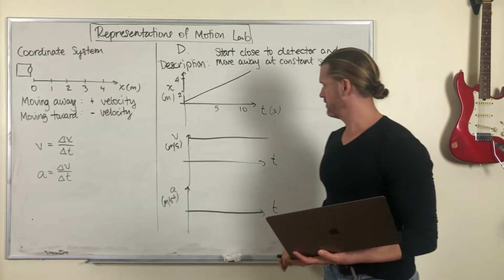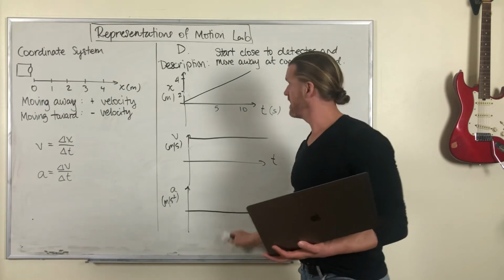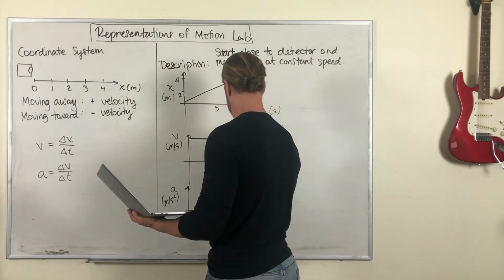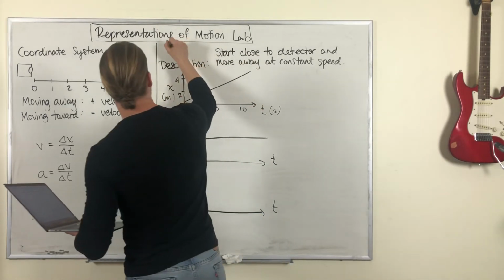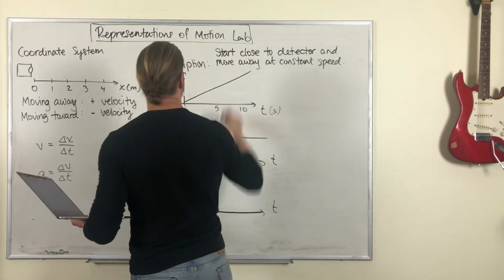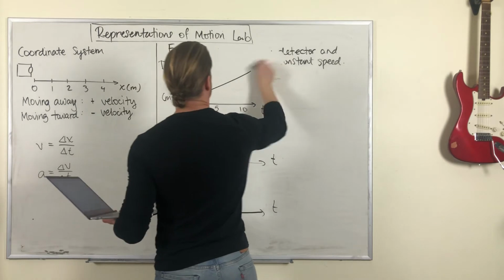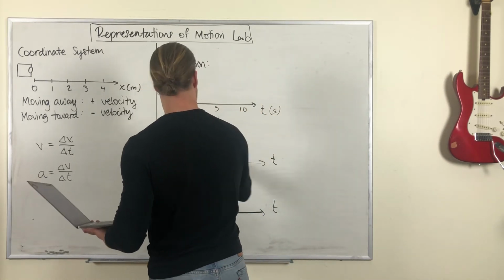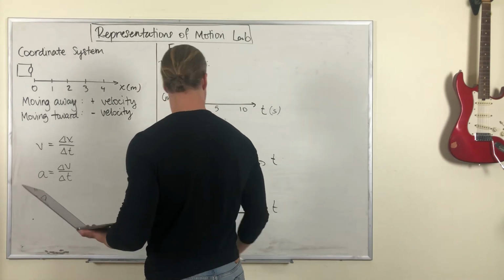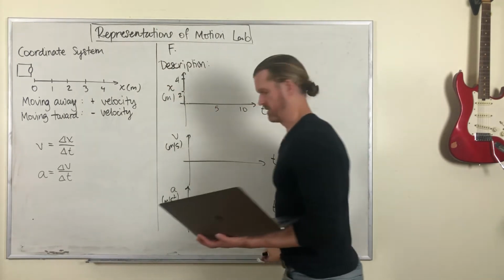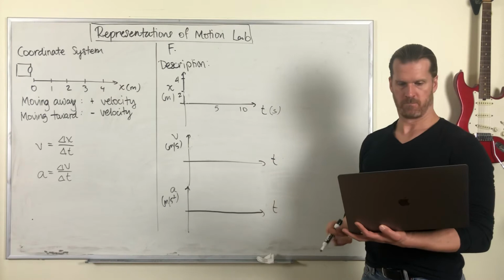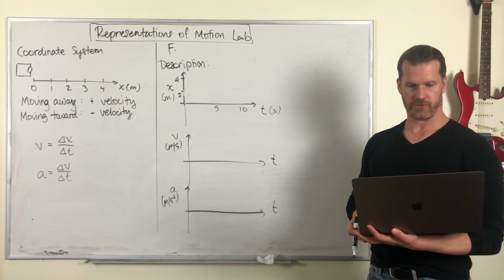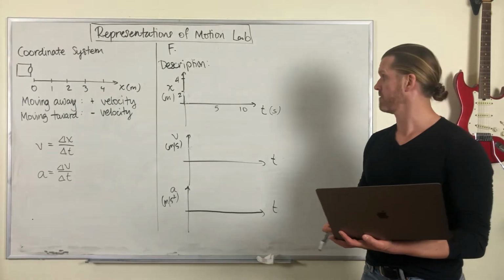Okay, let's do part F. What did they give you in part F? Just the velocity graph this time.